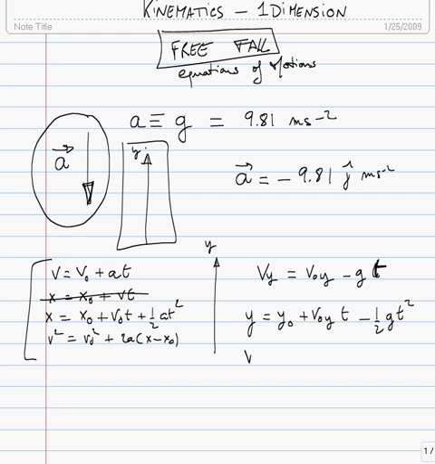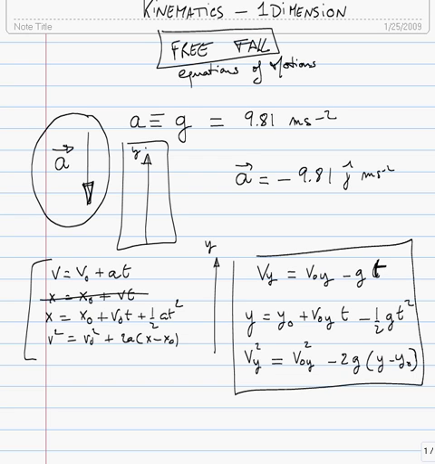And for the last one, v squared is really the y component of v squared. v naught squared is v naught y squared. I see a, so I'm going to replace it by minus 2g. And x minus x naught will give me y minus y naught. Those are the equations that you can use for one-dimensional motion for the case of freefall.